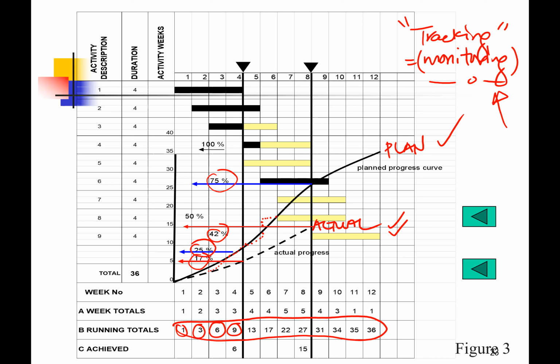Sometimes you could be ahead of time. The concept is that whatever it is, your dotted line should catch up with whatever you plan, and you complete the project within the time frame. Only then can you be considered as fulfilling the project performance.